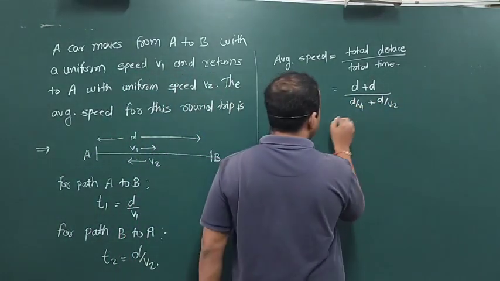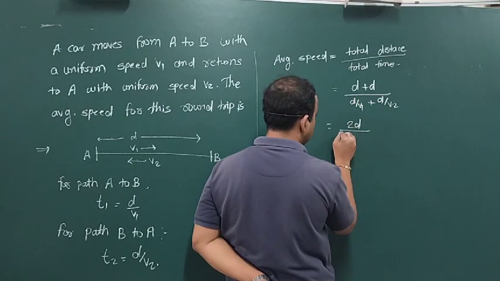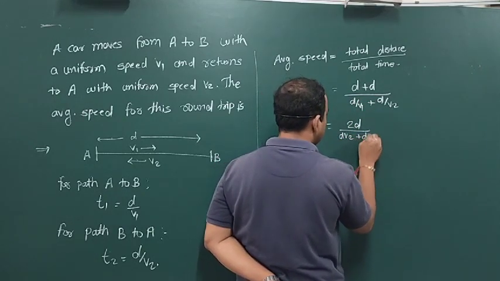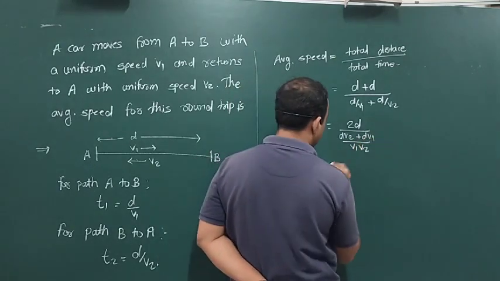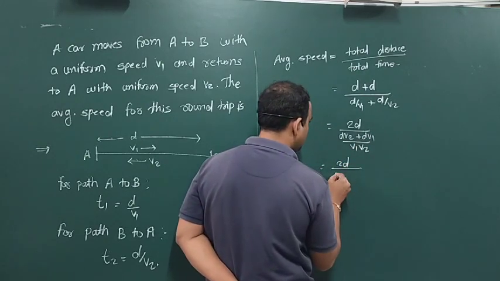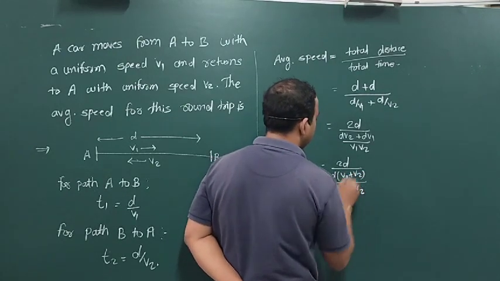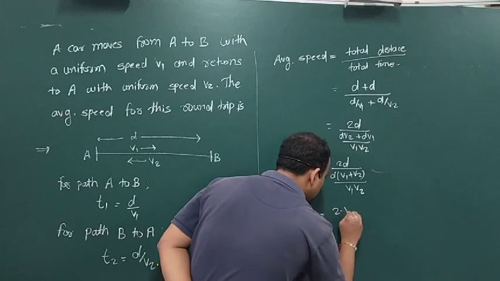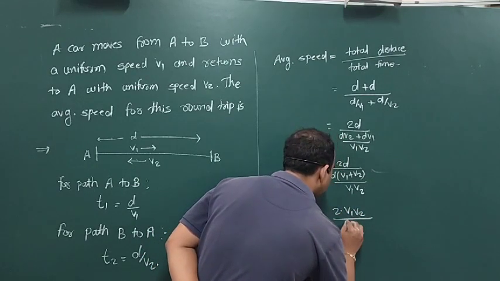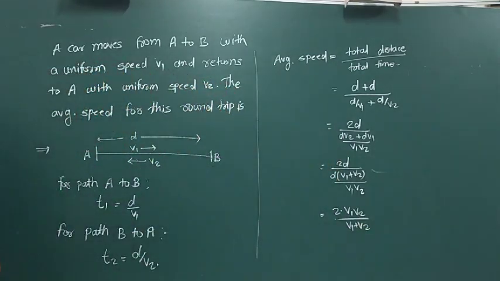So we get 2d upon, cross multiplication d into v2 plus v1 upon v1 v2. d and d get cancelled, so we get 2 into v1 v2 upon v1 plus v2. This is the average speed of that car.